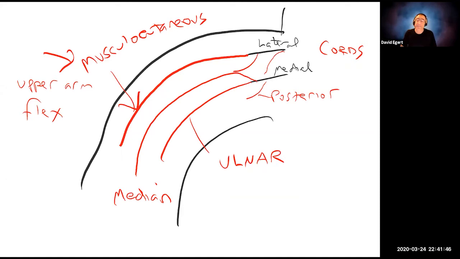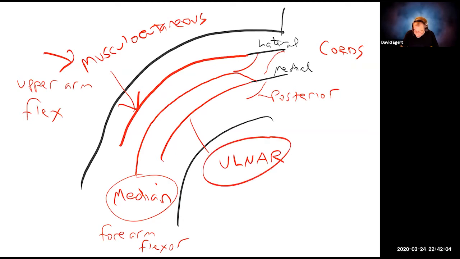The kind of silly mnemonic people use is median does most of the forearm flexors, like flexor carpi radialis, palmaris longus, things like that. Except the ulnar, so the flexor carpi ulnaris muscle says like FCU, I want my own nerve, so it gets the ulnar nerve.